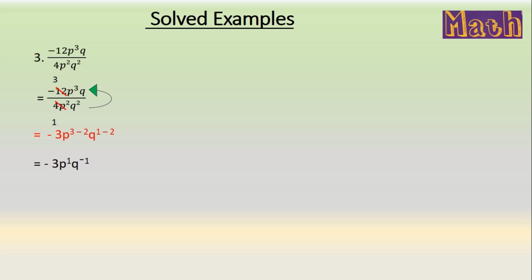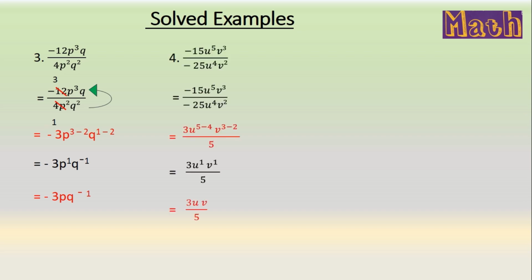When I subtract 3 minus 2, I have p to the power 1. Then also, if I subtract the exponent 1 minus 2, I have negative 1. Now, the negative will affect the 3. Then you have minus 3p to the power 1 and q to the power negative 1. So my final answer becomes minus 3p, then q to the power negative 1.